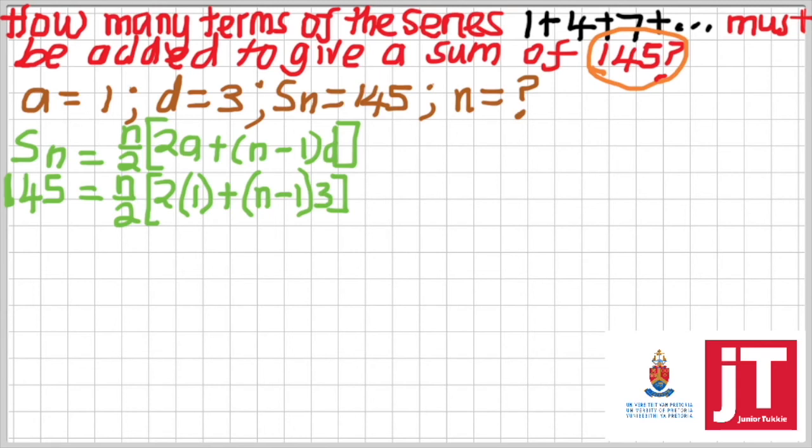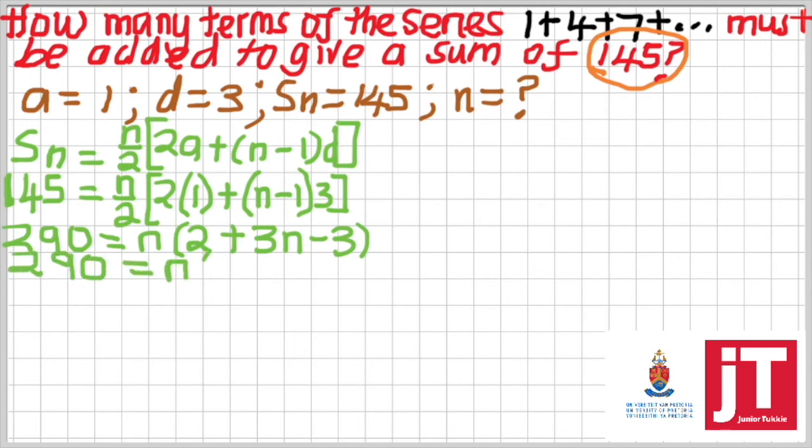Then I'm going to multiply both sides by 2 to get 290 is equal to n times (2 plus 3n minus 3). Then simplifying that further, I'm going to get 290 is equal to n times (3n minus 1). Then I want to standardize it and remove brackets at the same time. So I'll get 0 is equal to 3n squared minus n minus 290.